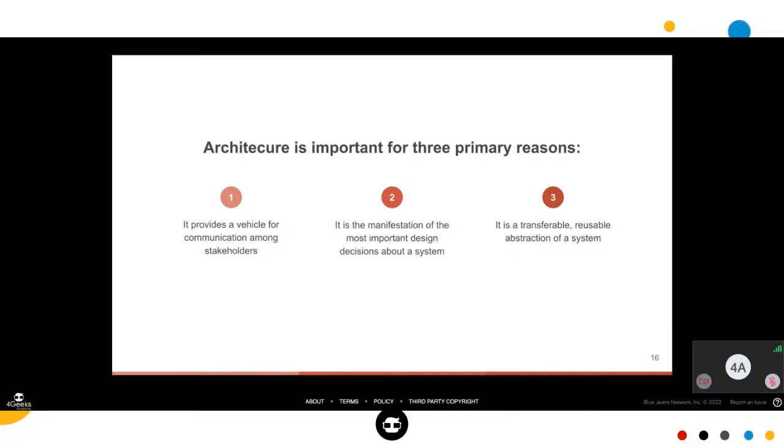This communication allows us to predict system quality attributes without waiting until the end of the road, when the system is developed and we realize that, oh, we did not take into account availability. This is a system that needs to be 24/7 up and running. It's an airline control system.